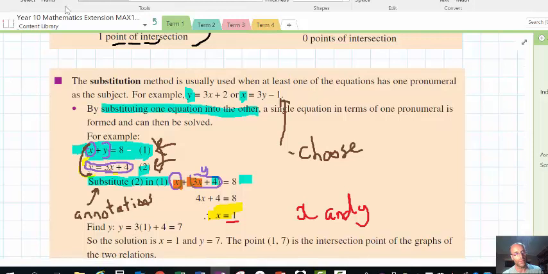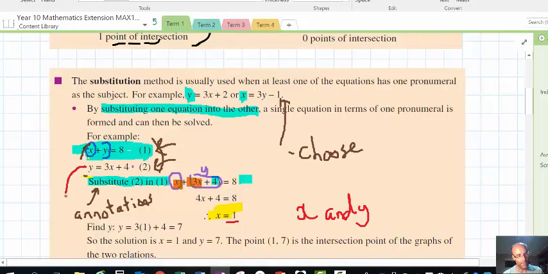So you can see that we've got equation 2 here. With equation 2, we've rewritten it down here.